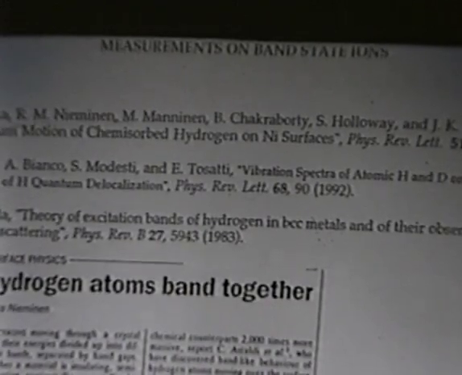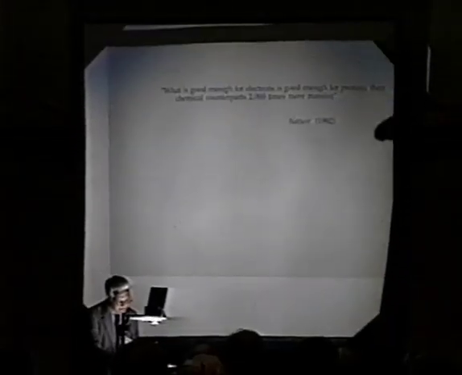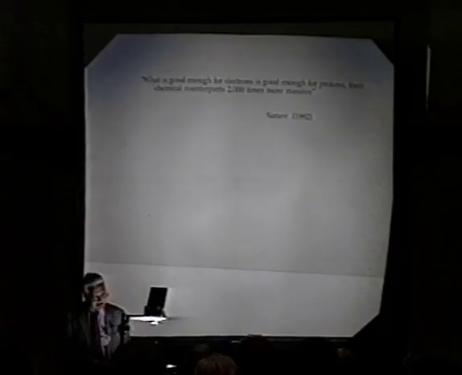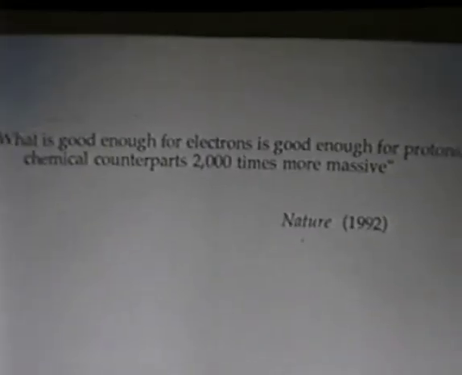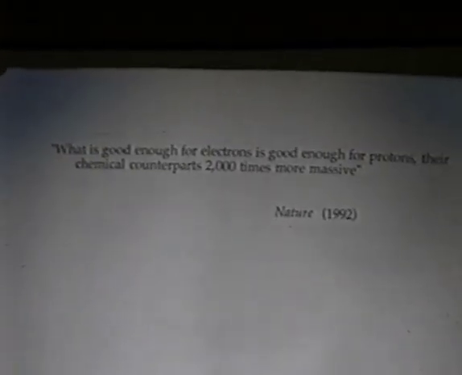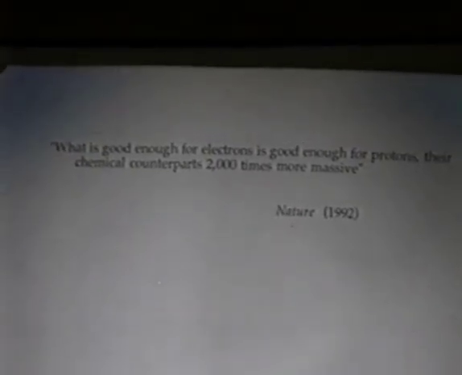All of these are concerned with ion band states. 1 from Physical Review B and 1 from Nature. And a quote from the paper from Nature, which says, regarding ion band states, what is good enough for electrons is good enough for protons, their chemical counterparts, 2,000 times more massive.